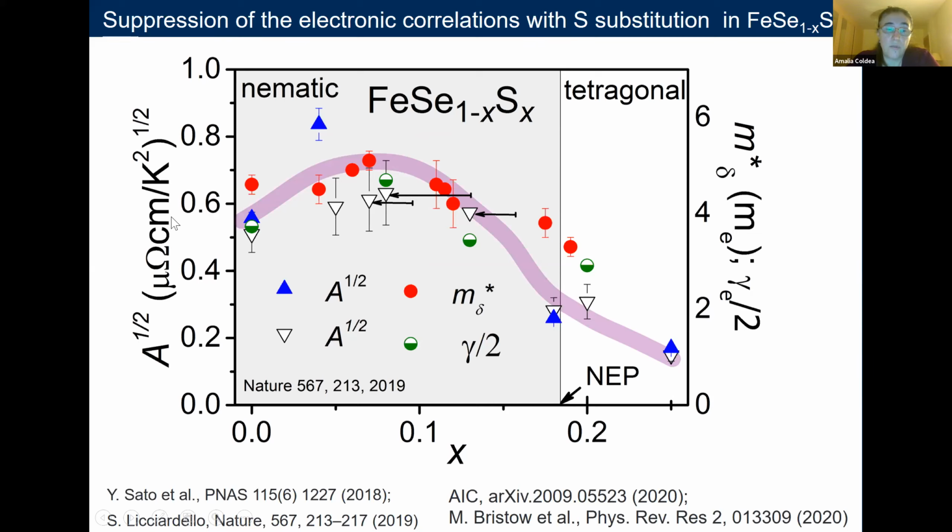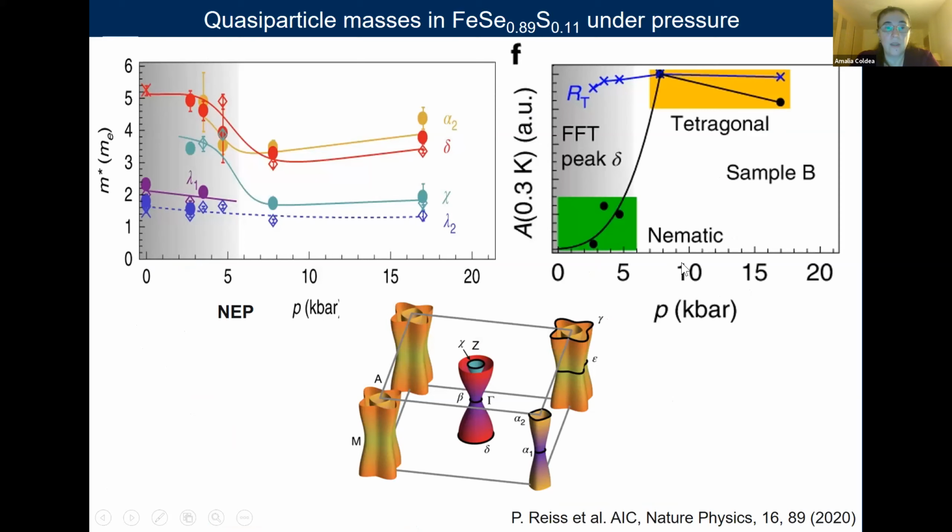We have the A coefficient from two types of transport data, and also the gamma coefficient from specific heat data measured by Matsuda's group. This is divided by 2 just to bring them on the same scale. And here you can see that the trend in all this behavior is to have a slight increase before they decrease, and there is no enhancement at the nematic endpoint.